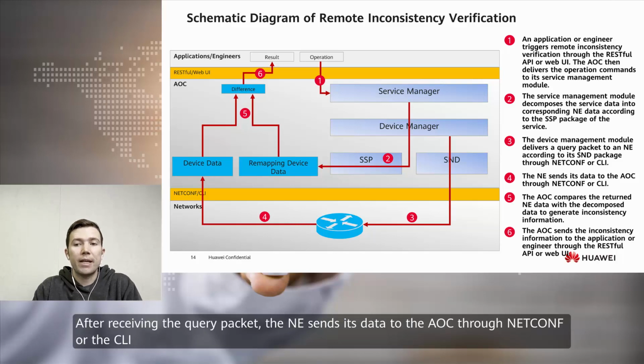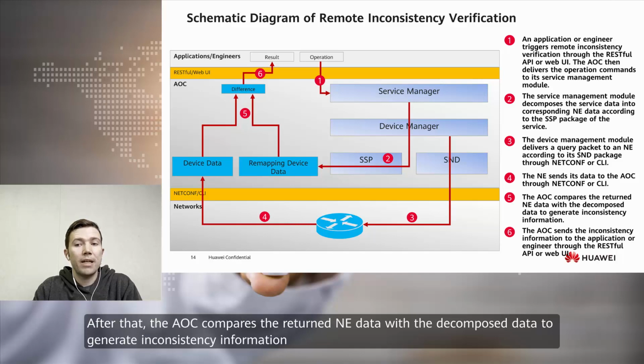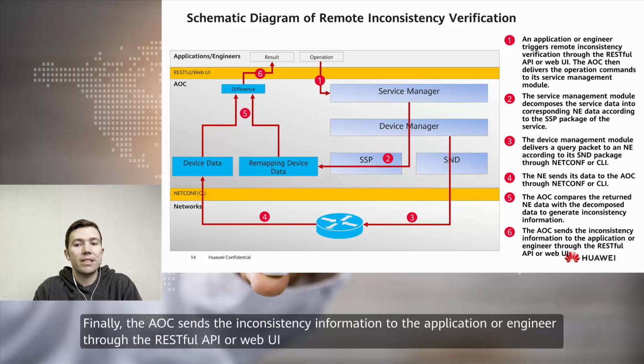After receiving the query packet, the NCE sends its data to the AOC through netconf or the CLI. After that, the AOC compares the returned NCE data with the decomposed data to generate inconsistency information. Finally, the AOC sends the inconsistency information to the application or engineer through the RESTful API or Web UI.